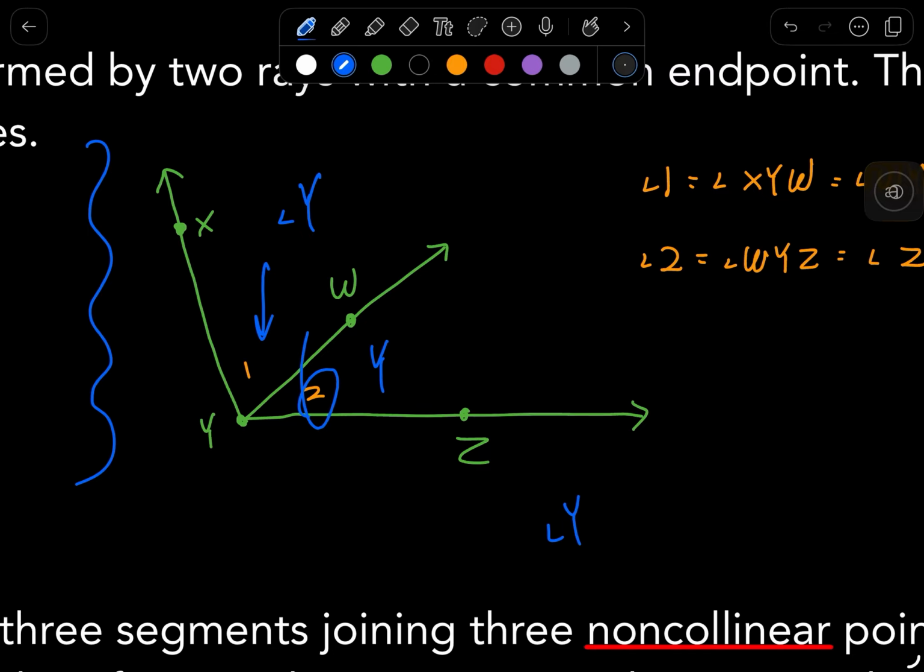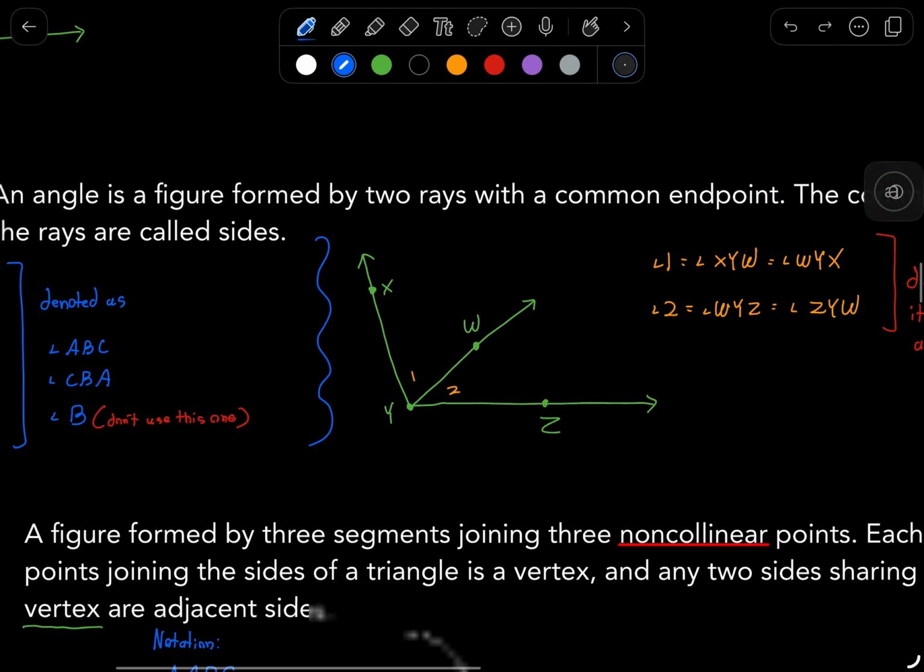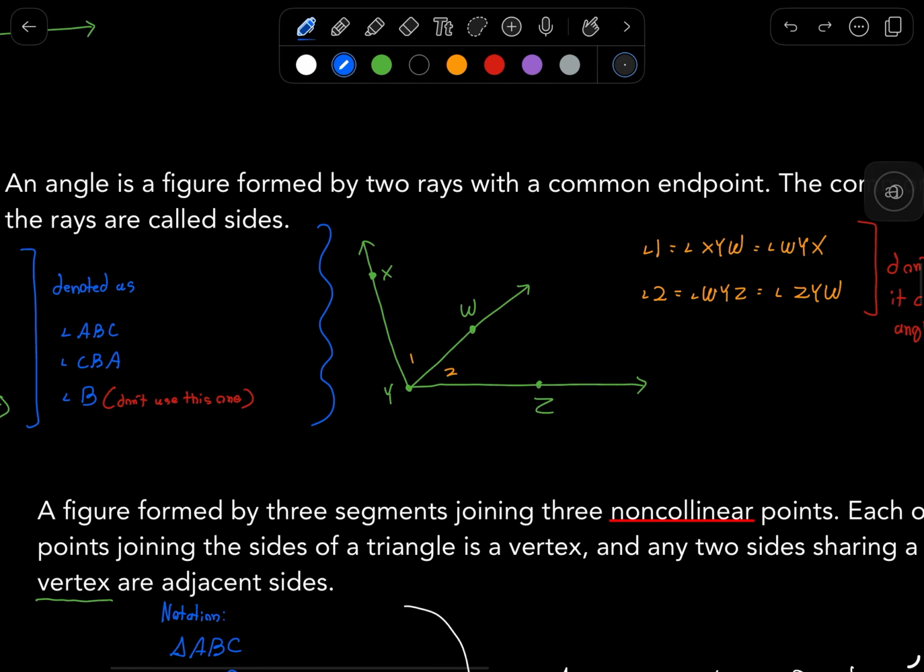So you always want to be as specific as possible when there are multiple angles in a diagram that share the same ray. Just be as specific as possible when you're naming angles. It clears up a lot of confusion, for example, when you're dealing with problems or when your teachers are checking assignments for you. Really good knowledge to have. That's really important.